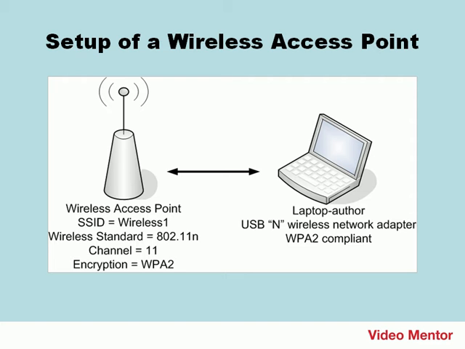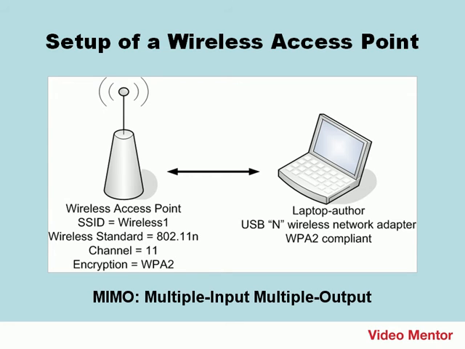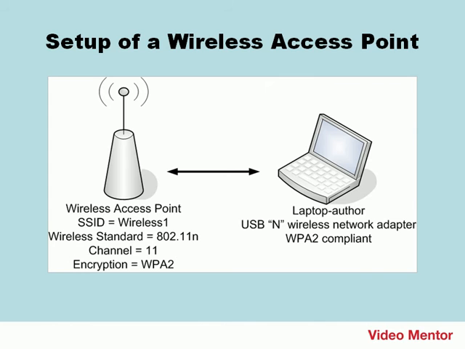Now you may ask, what makes it so fast compared to, say, 802.11g wireless networks? There's three main reasons for that. The first is MIMO, M-I-M-O, or multiple input, multiple output. This means that we can have, among other things, multiple antennas on the router.